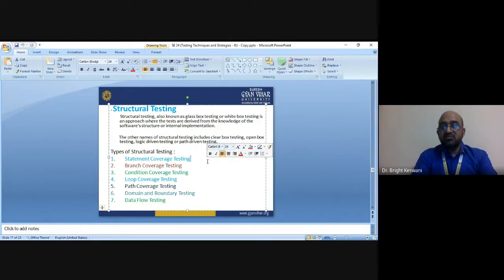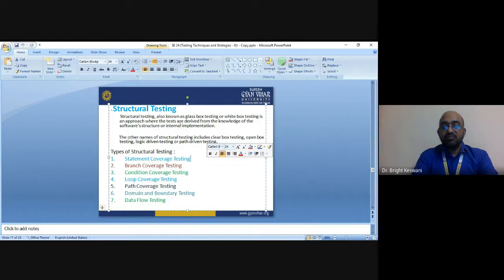Domain testing is a form of path coverage, and path domains are a subset of the program input that causes execution of unique paths. The input data can be derived from the program control flow graph. Test inputs are chosen to exercise each path and also the boundaries of each domain.